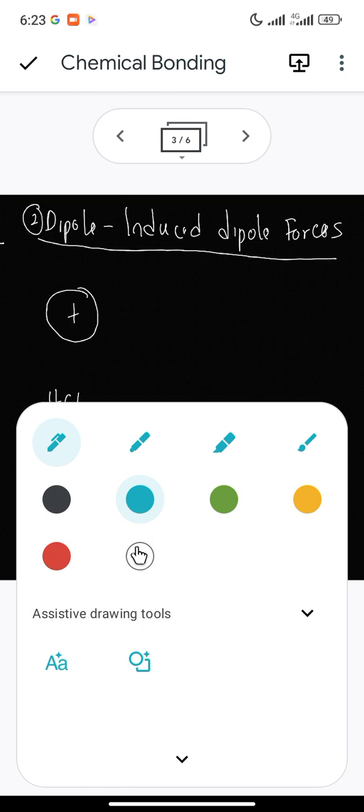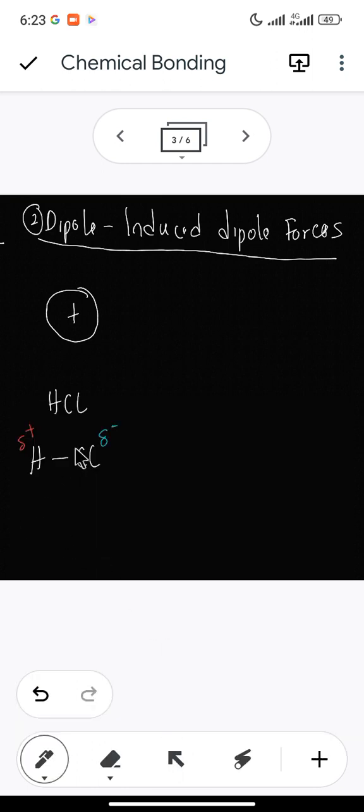So this is a permanent dipole. Now, let's say hydrogen chloride is made to be in the presence of a chlorine molecule. We also established the fact that the chlorine molecule is non-polar, right? So if hydrogen chloride is brought to the presence of a chlorine molecule, it's going to induce this chlorine molecule to become polar.